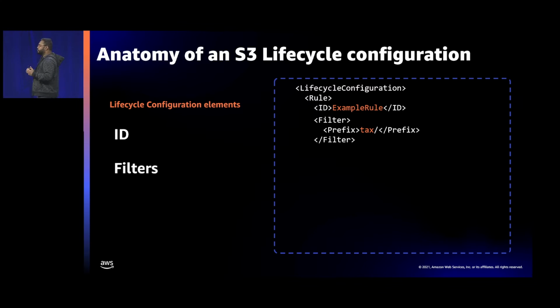Second is lifecycle rule filters. Often customers tell us that they want to apply a lifecycle policy across their entire bucket. But often we hear from data lake workloads and other analytical workloads that buckets have several hundreds or thousands of prefixes, each with a specific retention policy. So with filters, you can create a lifecycle configuration that applies only to a specific prefix or even object tags.